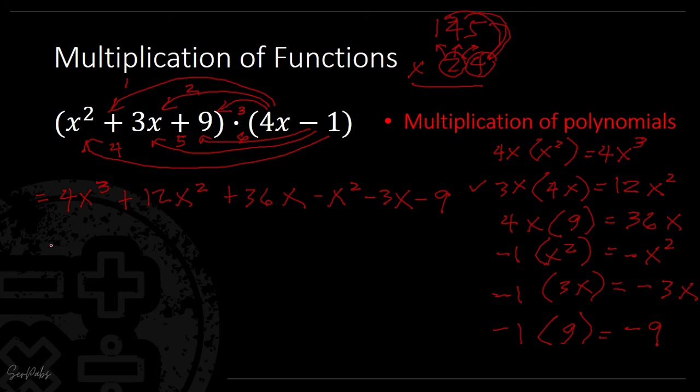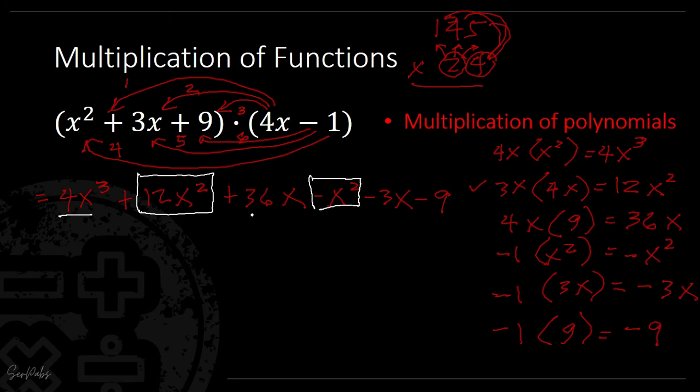Balik tayo kay combining similar terms. Iko-combine natin lahat ng magkamuka. Pag sinabing magkamuka, magkamuka yung variable, magkamuka yung exponent. Ang 4x cubed ay walang kamuka. Ang 12x squared merong kamuka. Si positive 12x squared, kamukha niya ng degree, si negative x squared. Don't forget the sign.